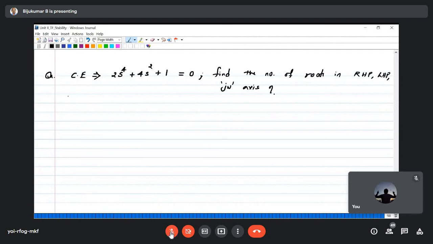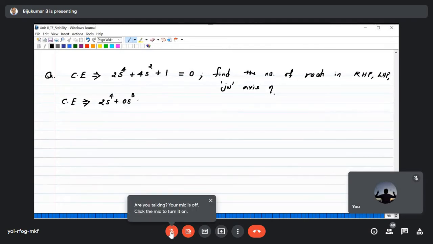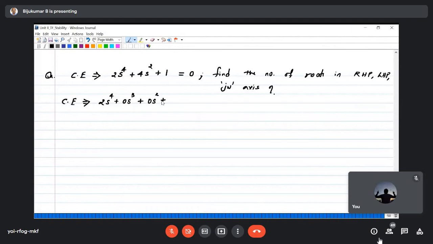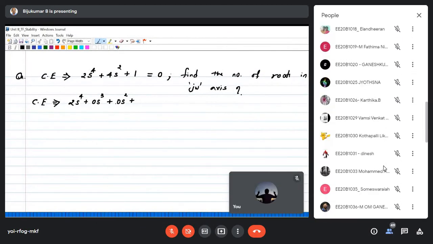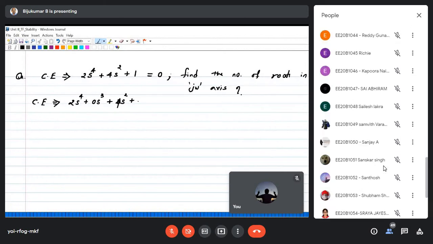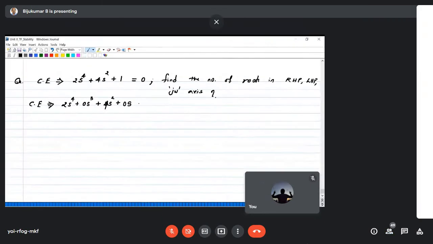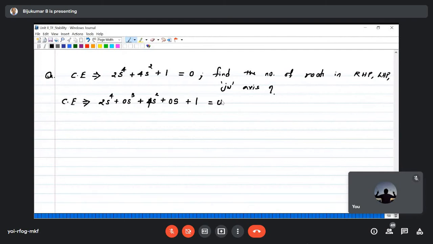This characteristic equation can be rewritten, because some s terms are missing, as 2s^4 + 0s^3 + 4s^2 + 0s + 1 = 0.